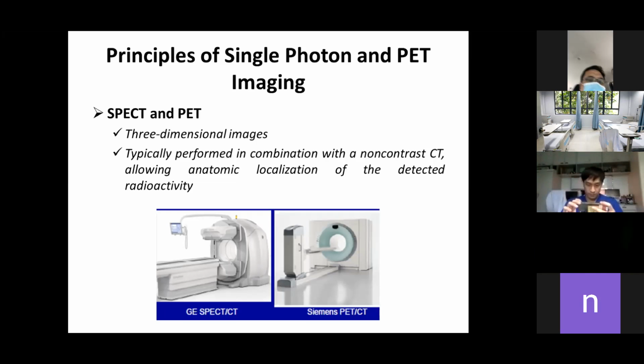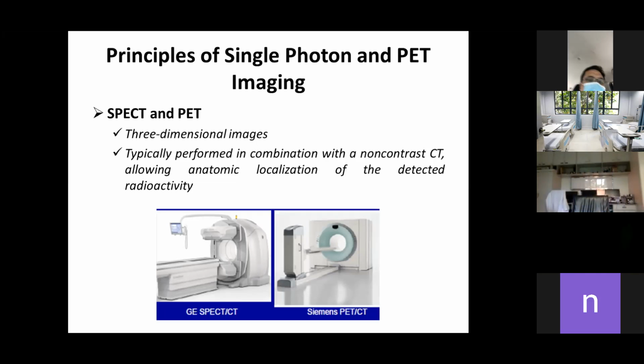SPECT and PET can provide three-dimensional images and are typically performed in combination with a non-contrast CT, allowing anatomic localization of the detected radioactivity, because the main focus of SPECT and PET are the functional and metabolic properties of an organ.